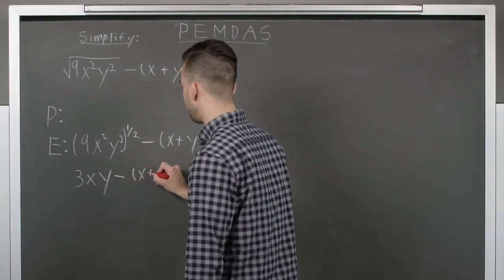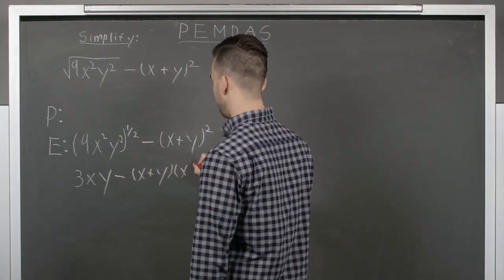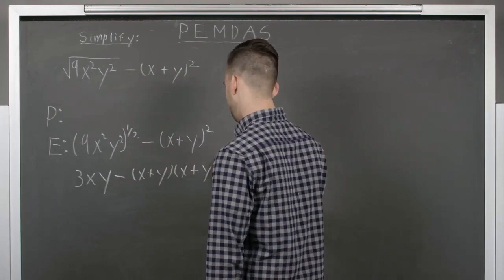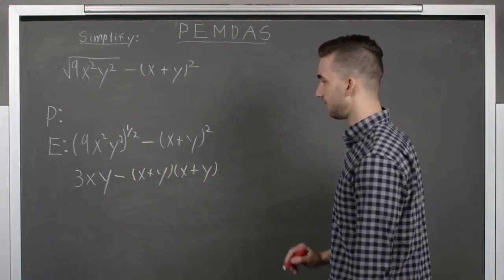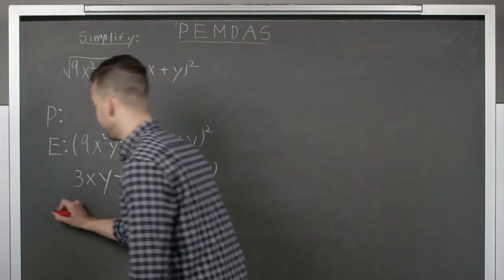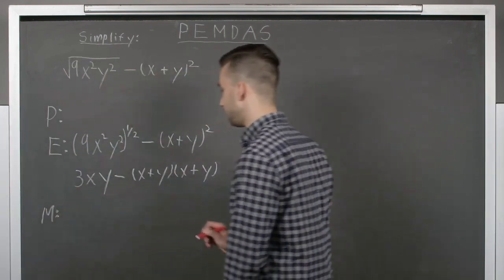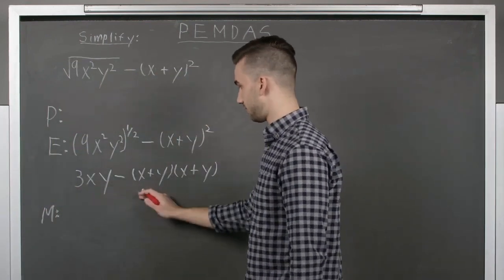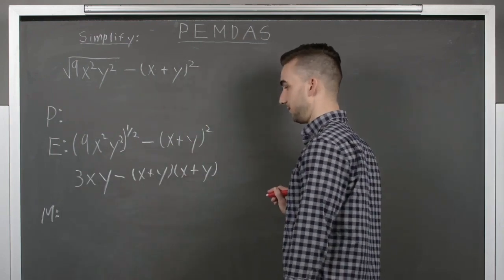X plus y times x plus y. So there we go. Our exponent step is done. Let's go ahead and do our multiplication step. Multiplication. This is multiplied out, so we're just going to bring it down. Multiply the x plus y times x plus y.